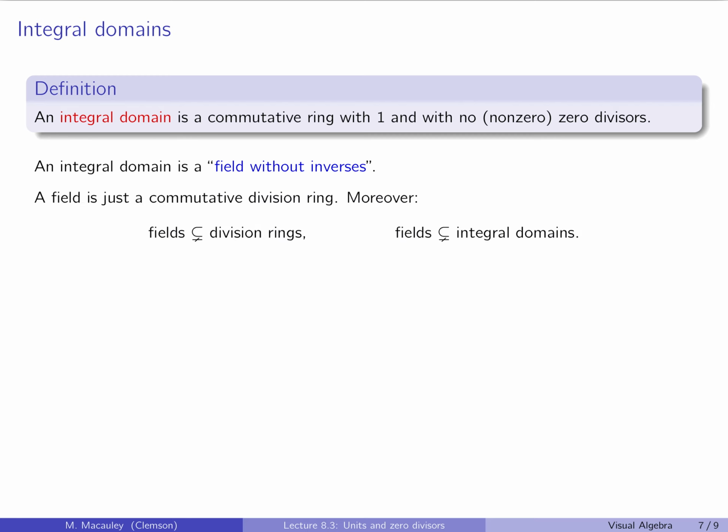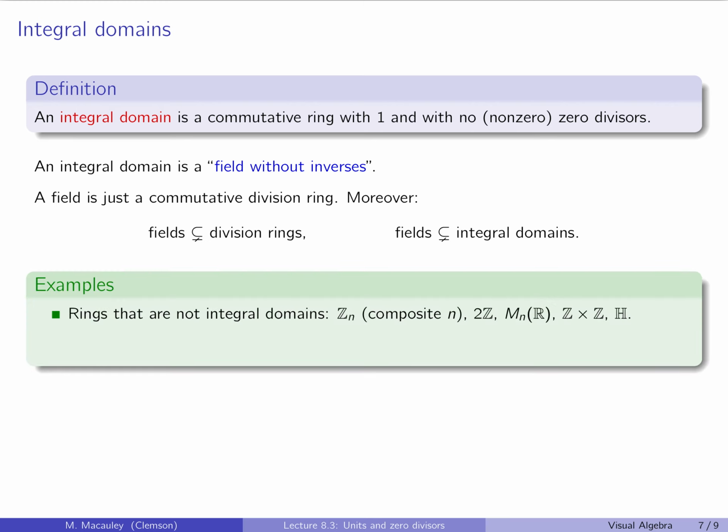In other words, you can think of an integral domain as one way to weaken the definition of a field, but it's not the only weakening that we've seen. In the previous slide, we saw that a division ring is a field, but without the assumption of being commutative. Here, we take the definition of a field and we drop the assumption that non-zero elements have multiplicative inverses, and we get an integral domain.